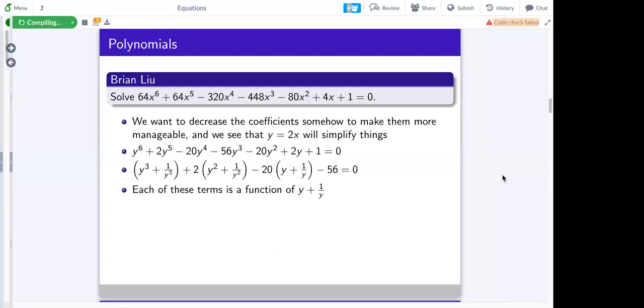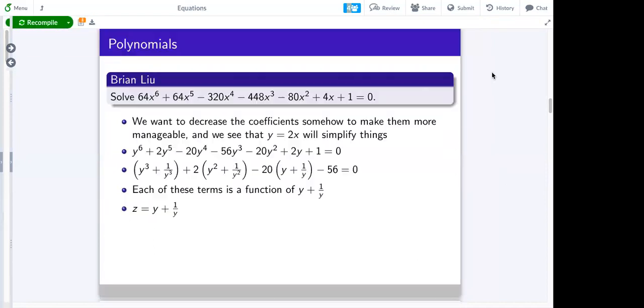Because in the end, when solving polynomials, a lot of the time you want to reduce the degree, because in general, lower degree polynomials are easier to solve than higher degree polynomials.